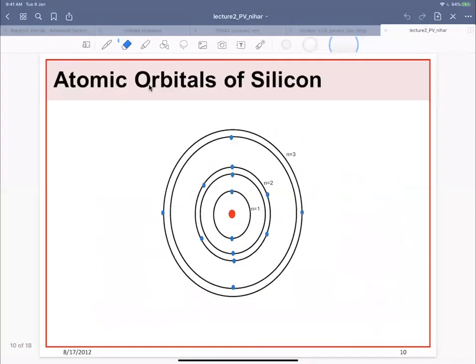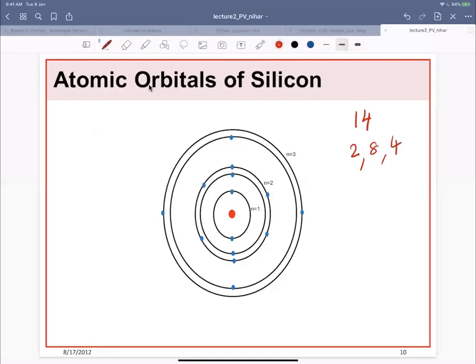So the point here is, if you look at silicon, it has an atomic number of 14, so we write it as 2, 8, 4. At n equal to 1, there are 2 electrons with 2 different spins.